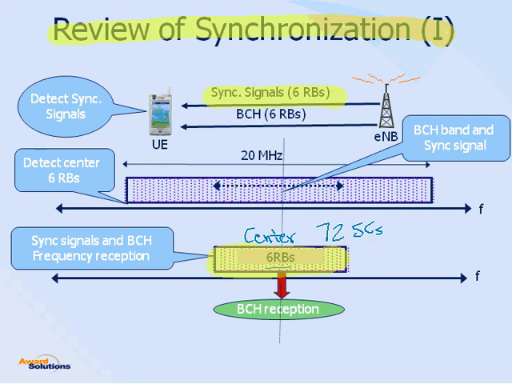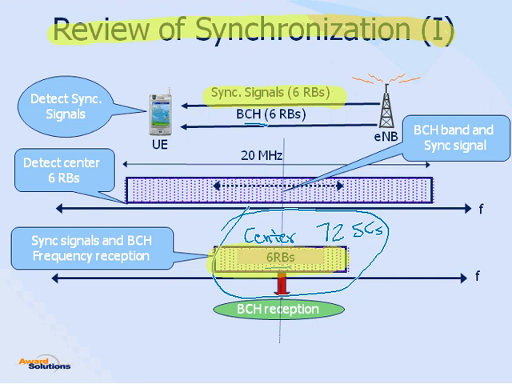So at certain time periods, during specific time periods, basically we will see that there are the primary synchronization signal, the secondary synchronization signal, and the broadcast channel present. So not all the time, but during specific time periods, those signals and the channel exist. But they are basically in the center portion of the spectrum.